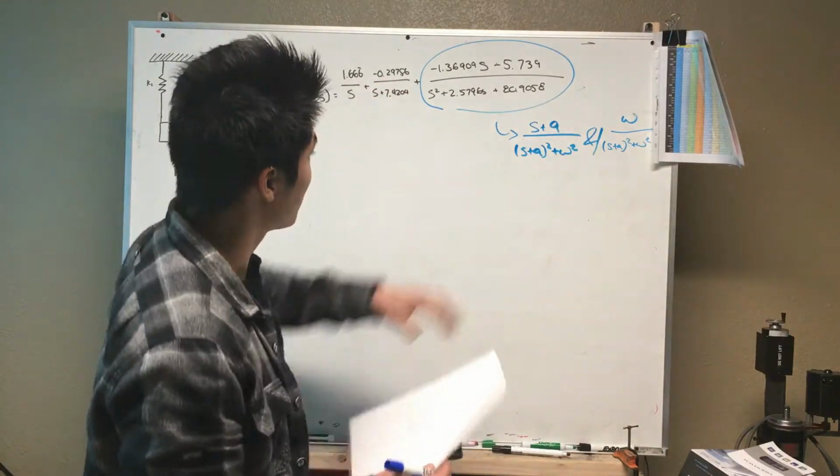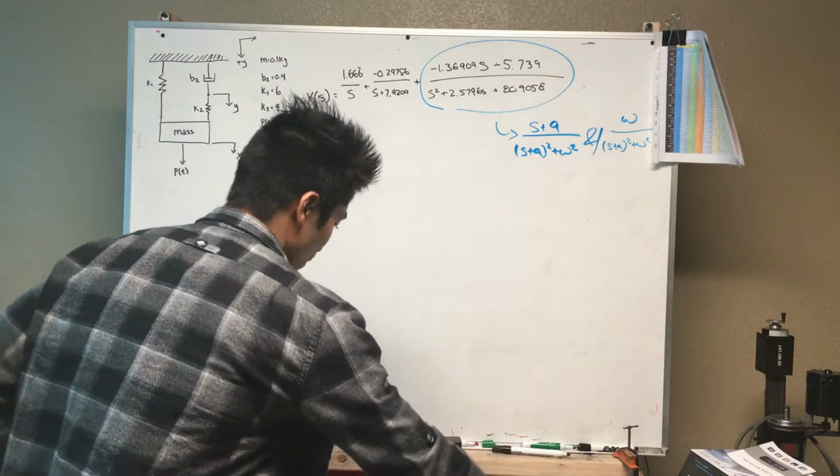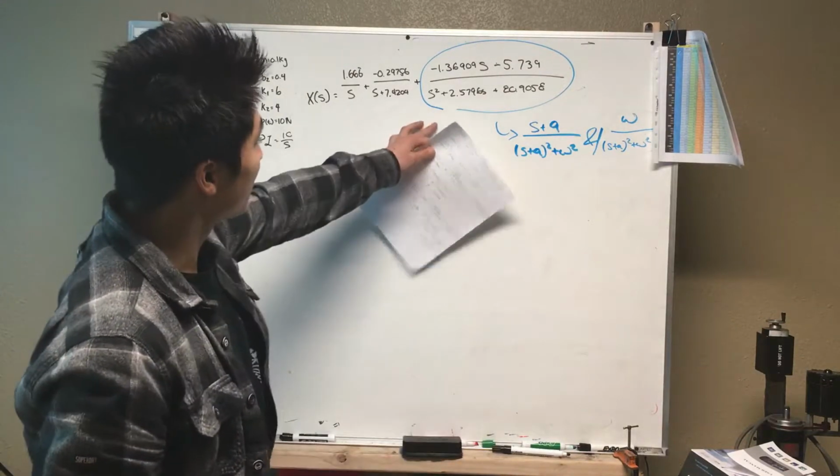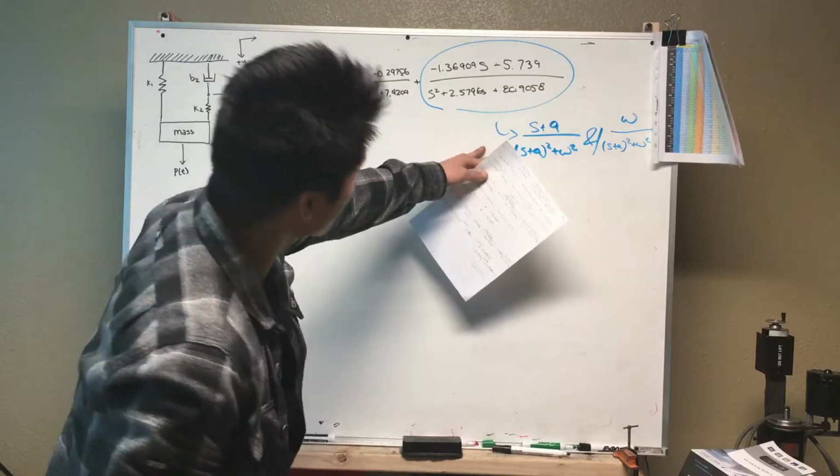The way we're going to make this happen is we're going to massage the function. So we want this to look like that. So what are we going to do?